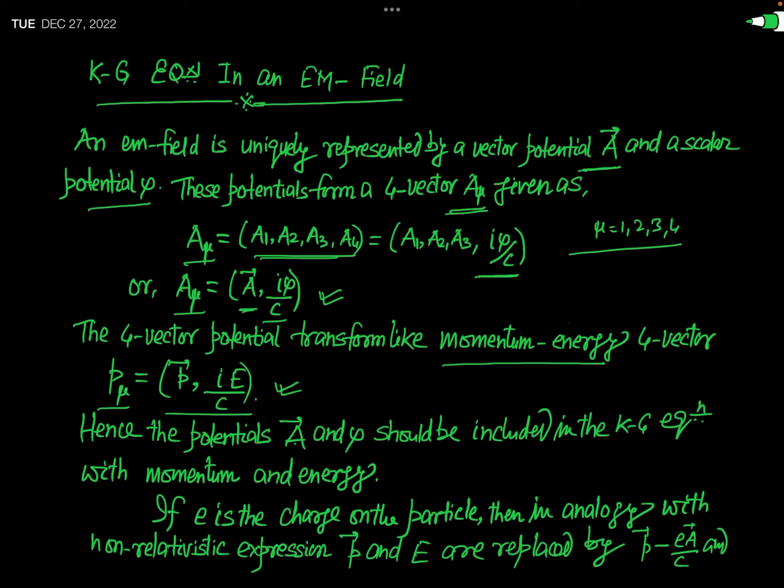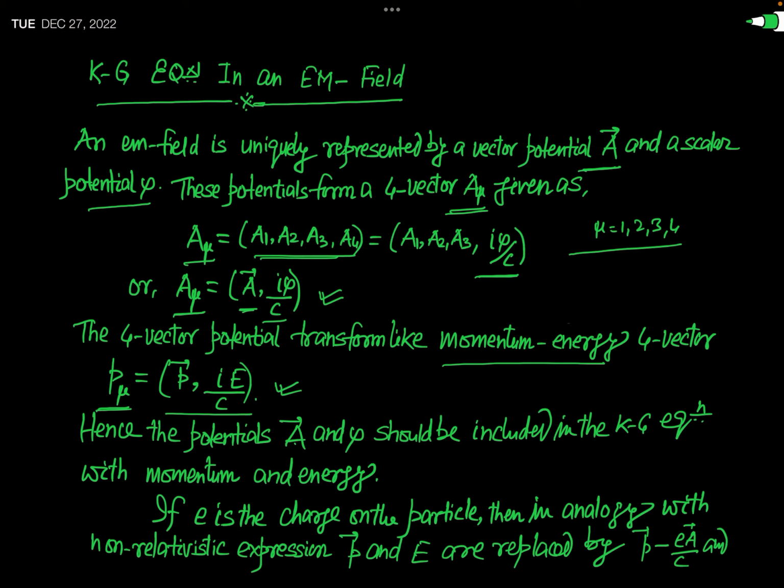The 4th component of the 4 vector potential is i phi over c, while the 4th component of the energy momentum 4 vector is iE over c. So definitely, as the form of the components of these 2 4 vectors is completely identical, you can guess that both of these 4 vectors will follow the same transformation law.